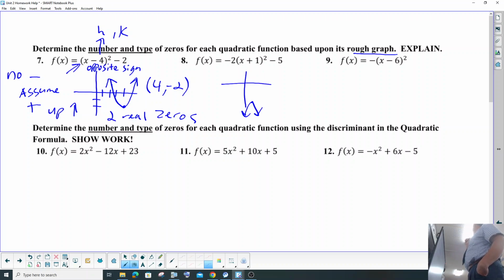Let's see here. Number 9 though is also going down. So then right 6, 1, 2, 3, 4, 5, 6. So that's going to be right here. And it's going down. Does it cross the x-axis anywhere? It does. It actually touches in one place, right there.